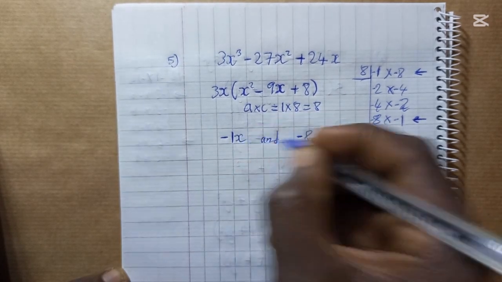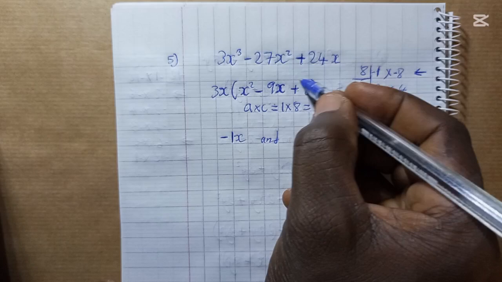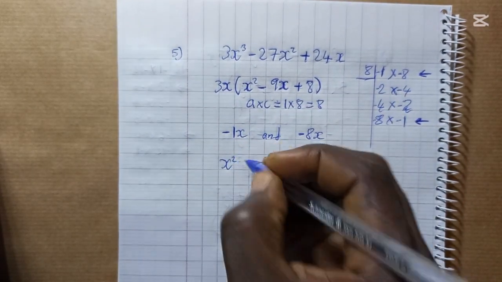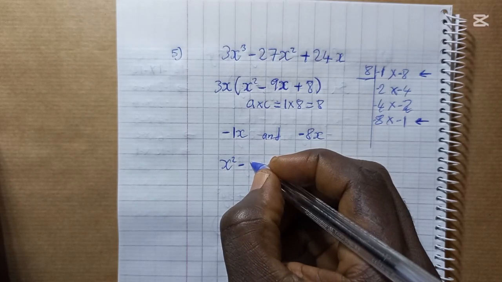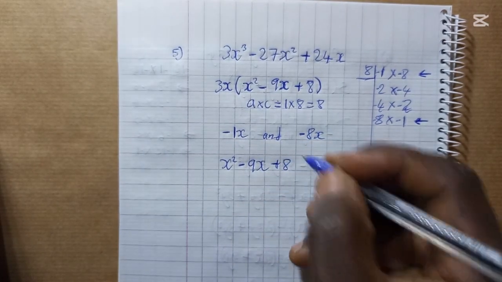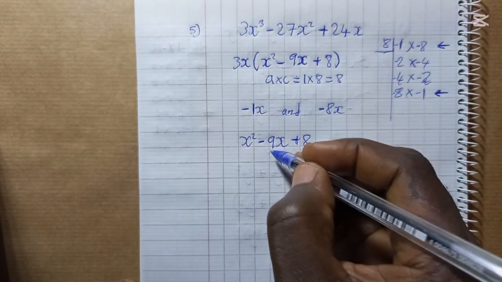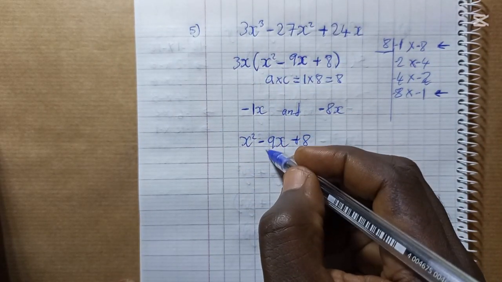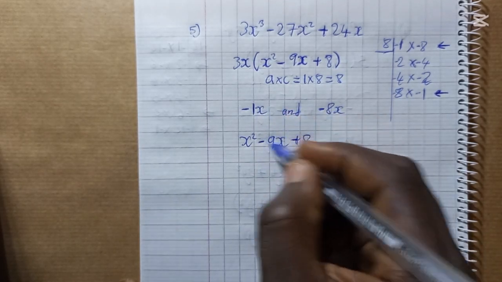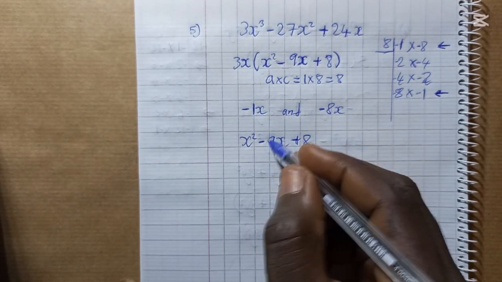Now we're working with the variable x, so just add x to them. Now I'm going to write out this particular expression, I'll bring it down here. So I have x square minus 9x plus 8. Now I'll bring down this expression again, but I'm going to put these two values in place of this particular one.